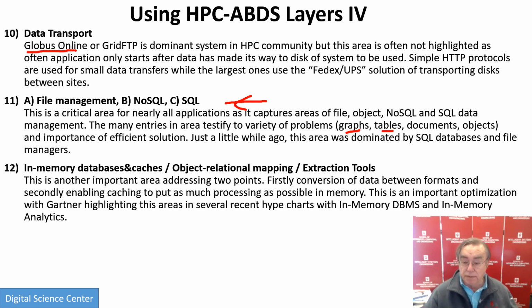Originally, this was all dominated by SQL databases commercially and file managers in science. Now it's much richer. Layer 12, in-memory databases and caches, object relational mappings, going back and forth between those two views, extraction tools. These are just sort of conversion tools to go from different ways of looking at things to other ways of looking at things.